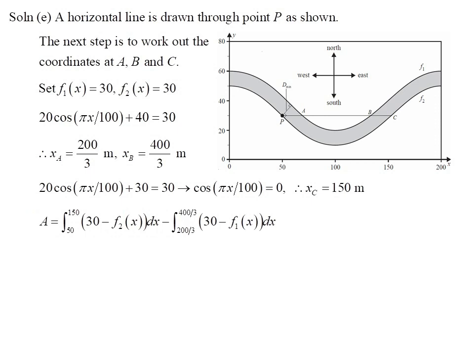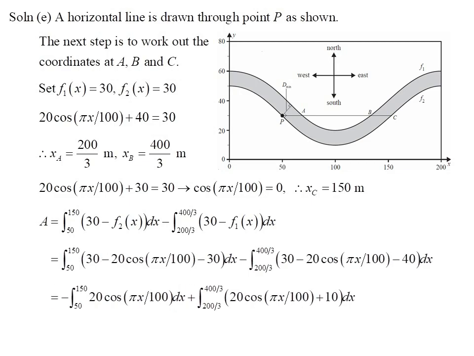Hence, the area of the no swimming zone equals the integral from 50 to 150 of (30 minus f2 of x) with respect to x, minus the integral from 200 over 3 to 400 over 3 of (30 minus f1 of x) with respect to x. After substituting f1 of x and f2 of x, we may calculate the area of the no swimming zone, which approximately equals 837 meters squared.